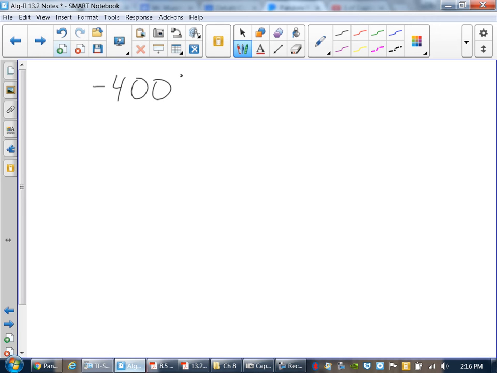If I start at negative 400 degrees, that means directionally I'm going clockwise, and I'm back into quadrant 4. Are we okay with that? If I went negative 400 degrees, how many degrees did I go past negative 360? 40. I'm 40 degrees past it, so it's 40 degrees to get back up. So this angle here is negative 400 degrees.